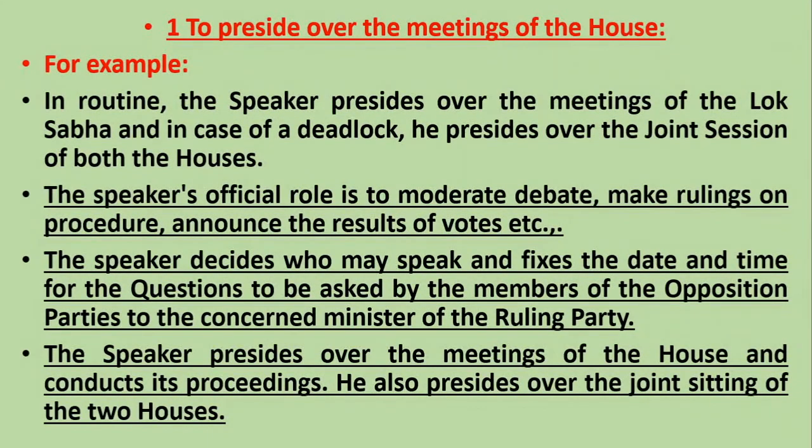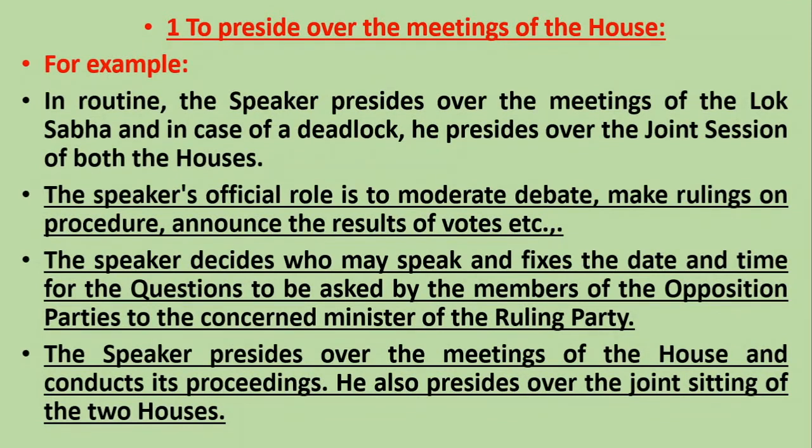Yes, students, when I talked about the question hour, that time I also told you that the opposition members ask the question to the ministers of the ruling party. But it's not that suddenly they will stand and ask the question. They deposit their question to the Speaker of the Lok Sabha.